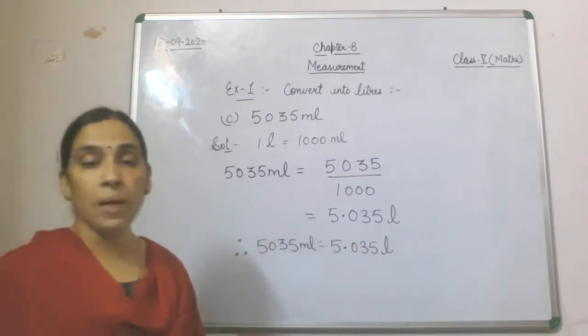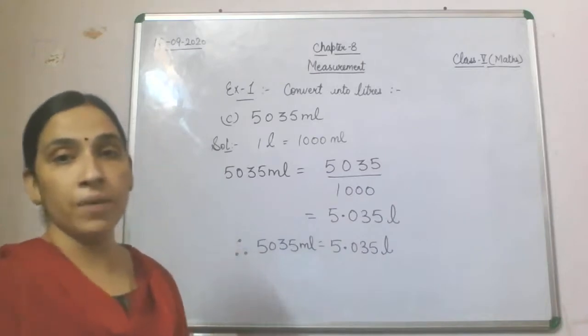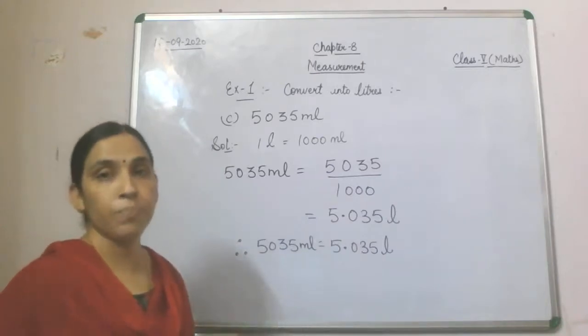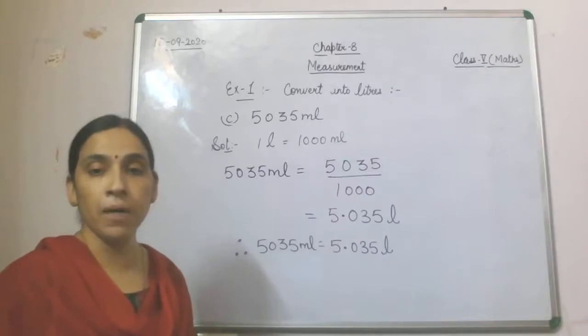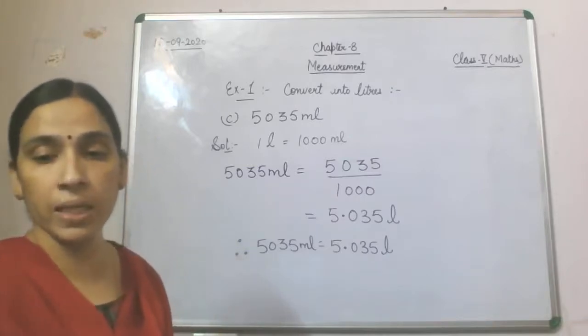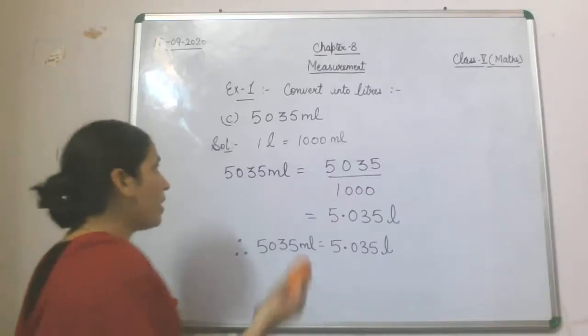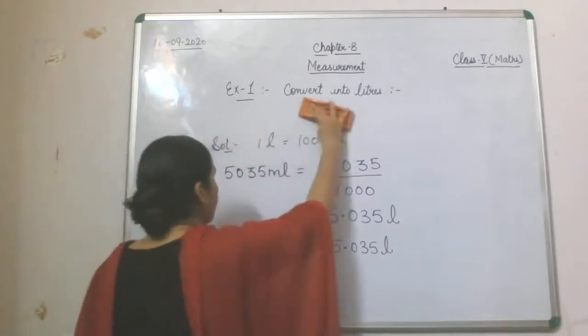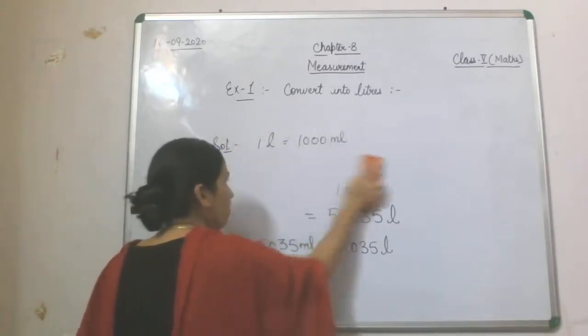Now D part is a little bit different from A, B and C, because in D part you have been given 3 liter and 718 milliliter. Let's see the question.